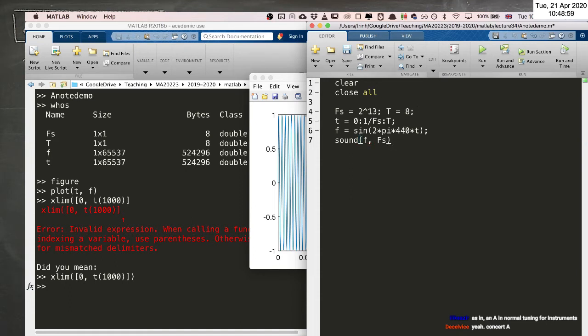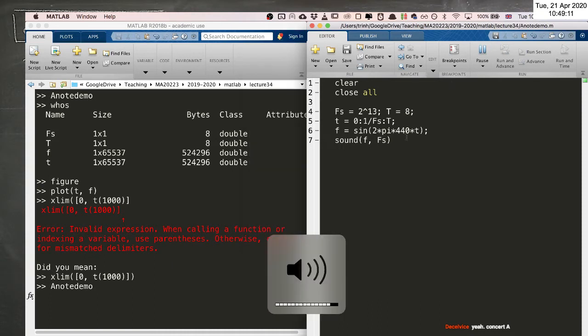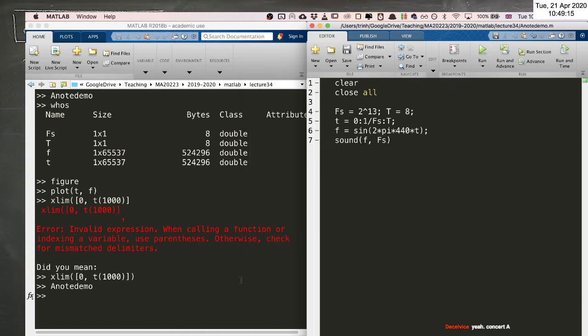So now let me play this, and what you should hear is a 440 hertz signal being played for 8 seconds. Okay, there you go. That's right.